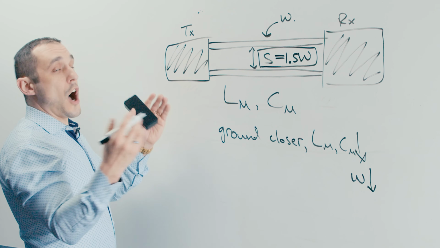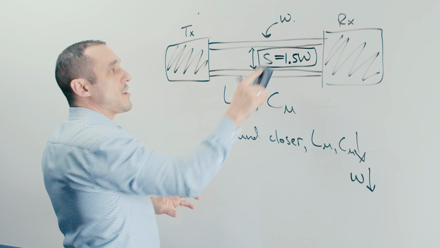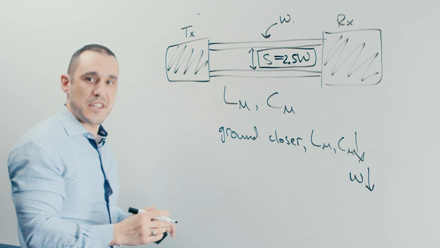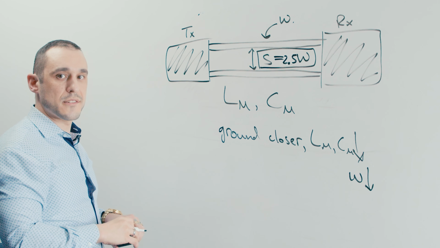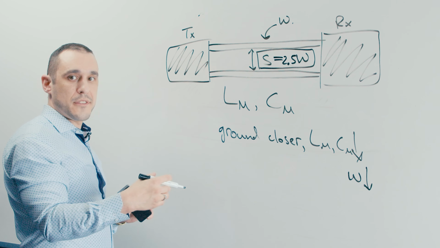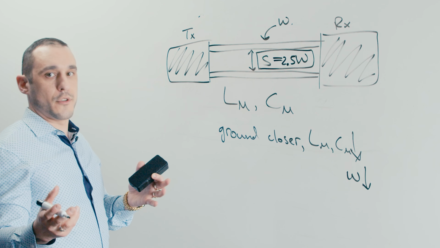Now, in order to compensate for that higher crosstalk, we may need to increase this spacing. So instead of having a 1.5, maybe we need to have a 2.5, for example, spacing between our traces. So now instead of that original value of 1.5 times the width, it's now 2.5 times the width, okay? So that can overcome the crosstalk penalty.